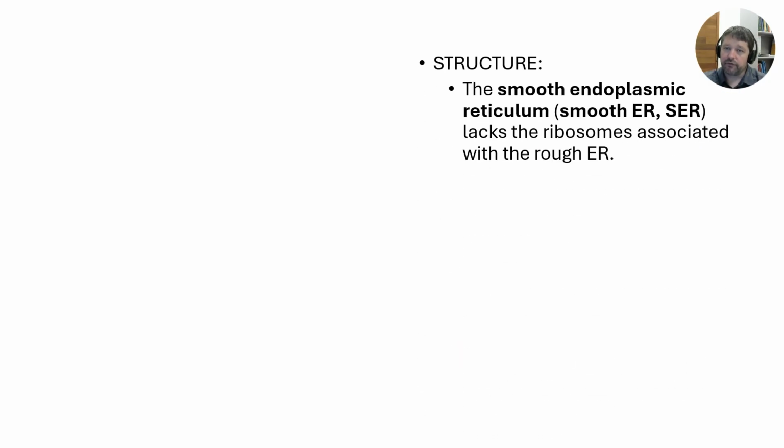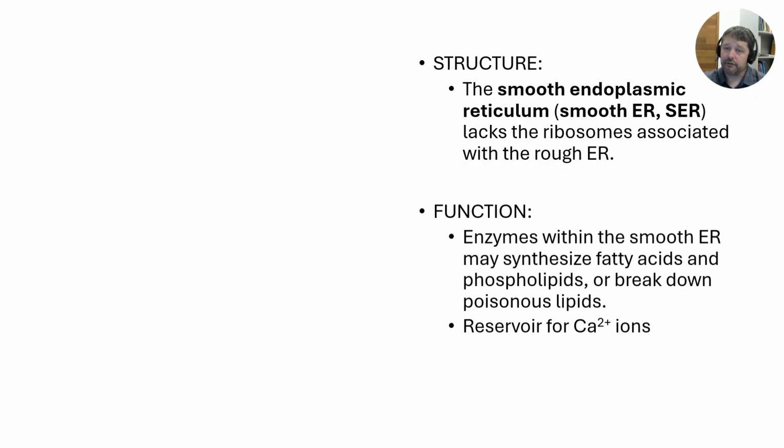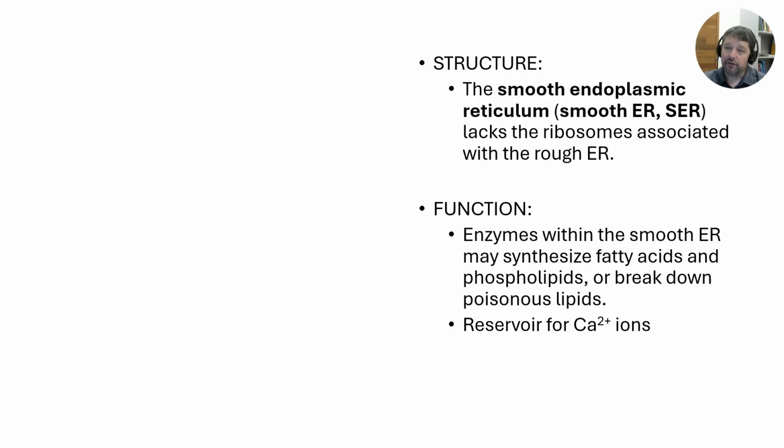All right, now let's look at another one that's not the rough ER, but the smooth endoplasmic reticulum, or the smooth ER. There are no ribosomes. That's the difference. Since there are no ribosomes, they're not making proteins here, but instead it's making fats, assembling new phospholipids, or breaking down fatty acids.